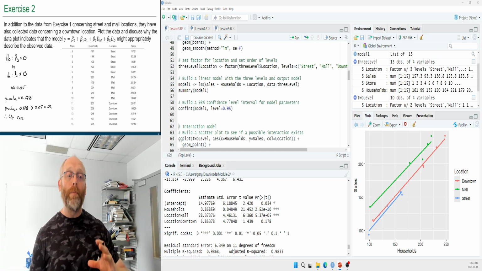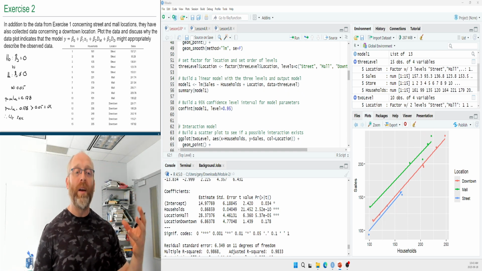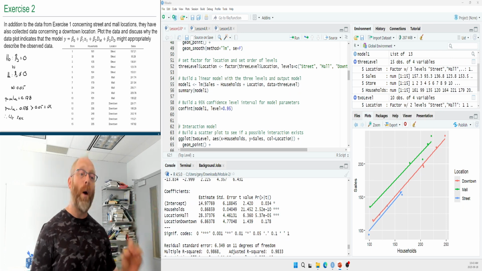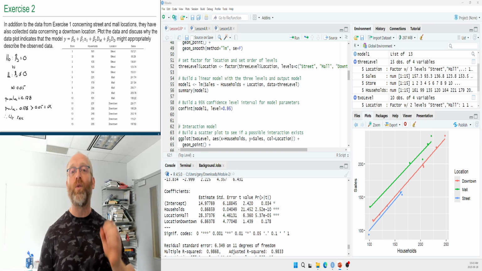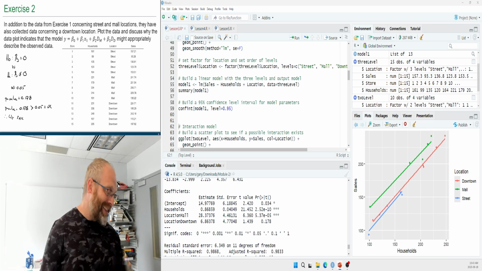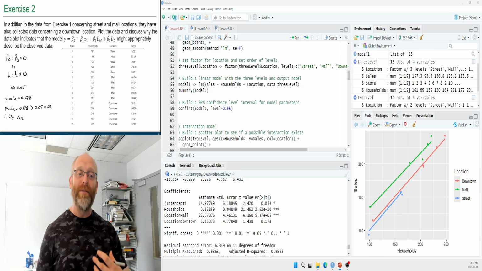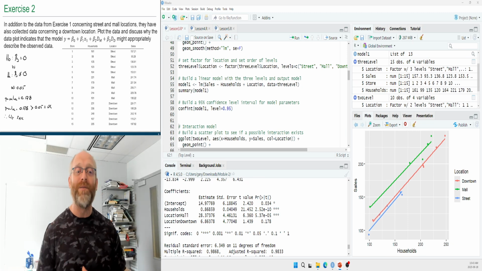So if the probability of this happening is less than what our type 1 error is, the amount we're willing to give, so we're willing to risk 5% of the time making a mistake, if the probability of this happening is less than 5%, then okay, we're going to reject the null hypothesis, we're going to accept the alternative. But in this case, that p-value is 17.8%. That's a lot higher than 5%. So given the fact that the null hypothesis is true, yeah, we're going to fail to reject.